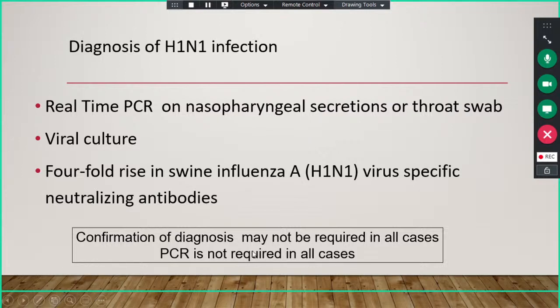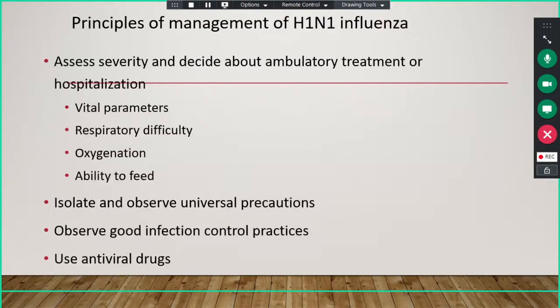Confirmation of diagnosis may not be required in all cases. PCR is required only in a smaller proportion where you want to know the strain of this influenza, and whether there is a need for specific treatment or if there is a severe disease.